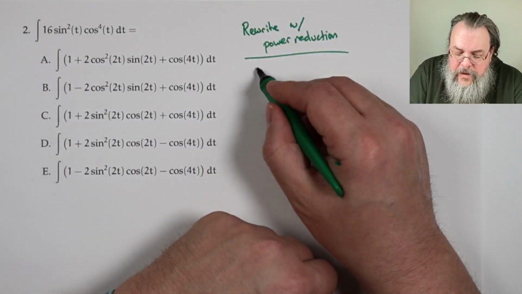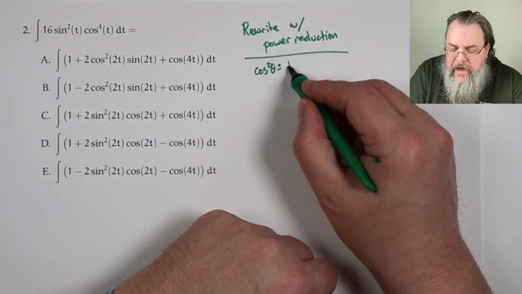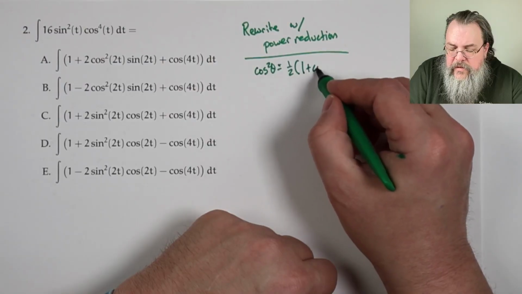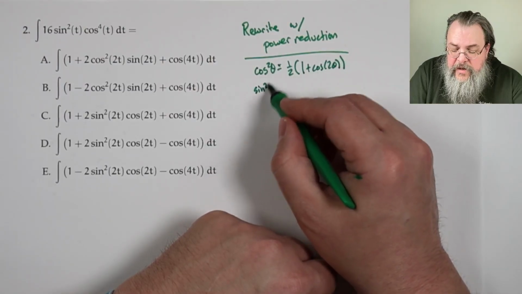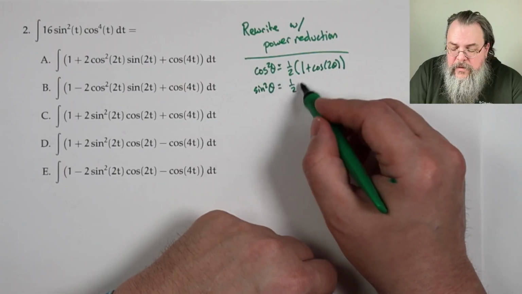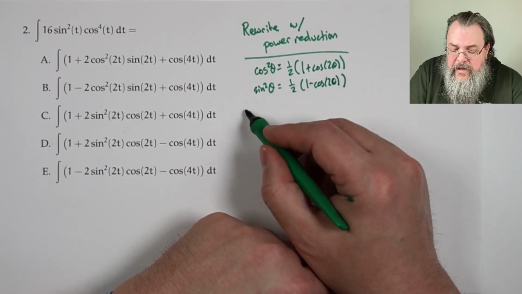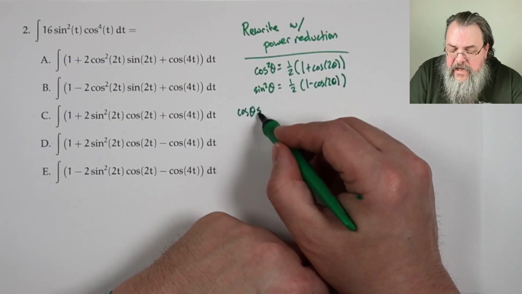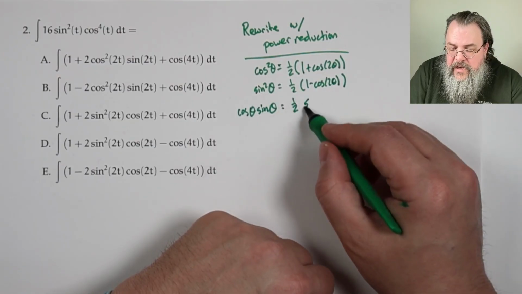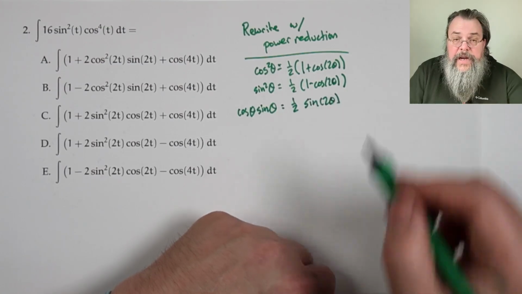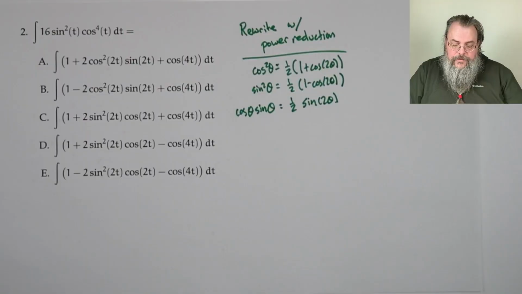So our well-known ones are cosine squared is 1/2 1 plus cosine 2 theta. Our sine squared is 1/2 1 minus cosine 2 theta. And the last one is that cosine theta sine theta is 1/2 times sine 2 theta. All right, so there we go. Those are our 3 power reduction formulas.